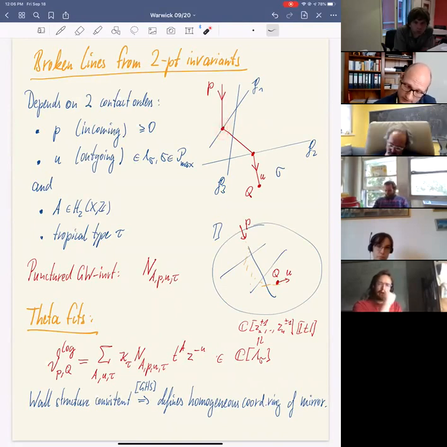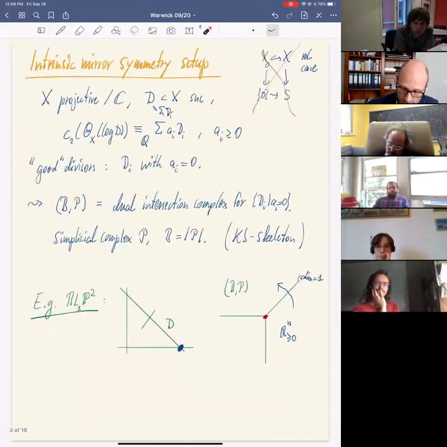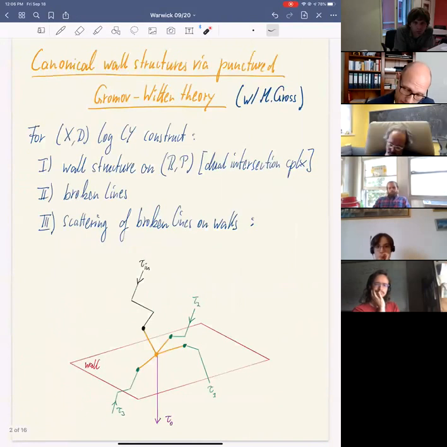So whenever, let's go back to the first page, because that's exactly the picture I want to talk about, right? So whenever a broken line like this one, let's say this is the endpoint Q, okay?